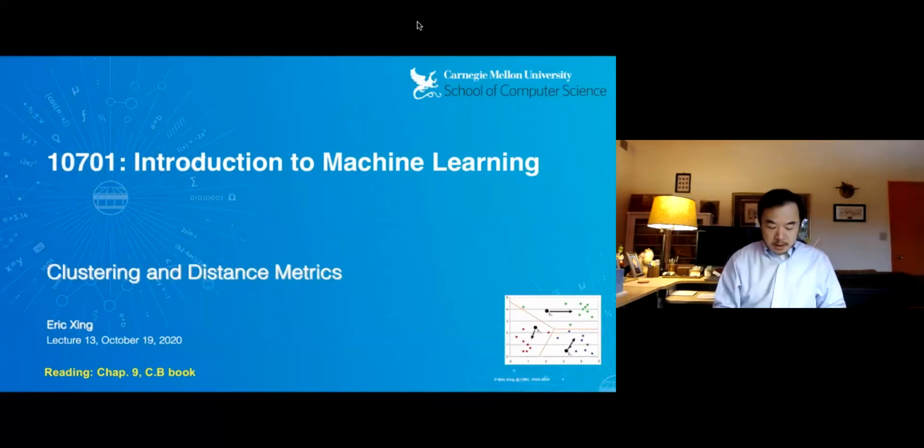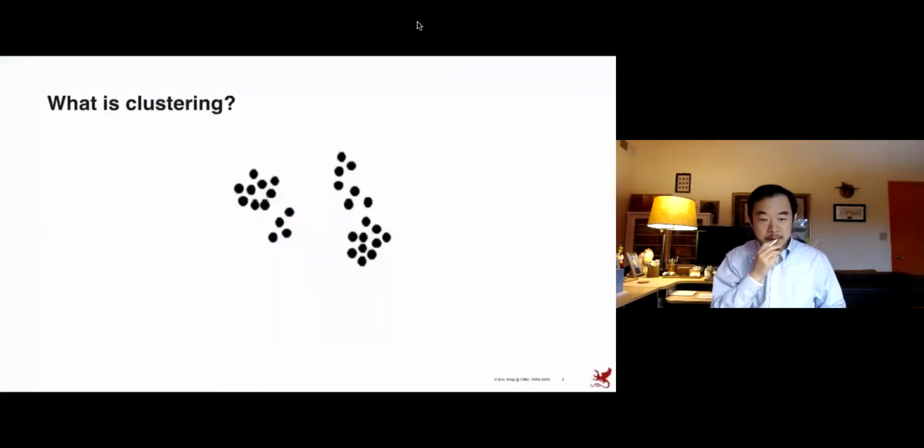So what is clustering? Here is a graph that shows you a typical task in the problem of clustering. Unlike in supervised machine learning, remember in the past when we did regression or classification, the training data points were X and Y, and we have N data points.